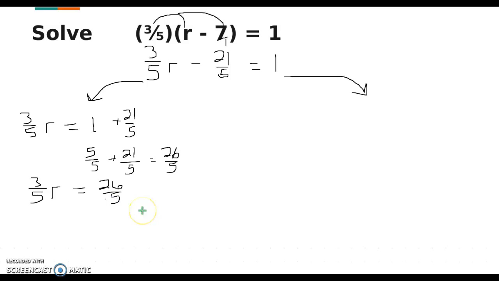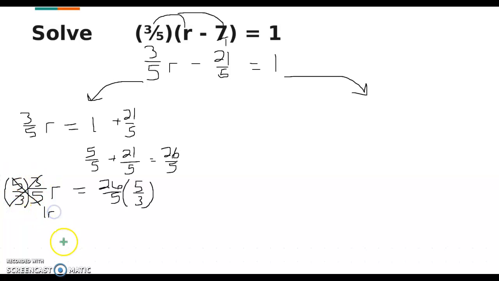Now, at this point we need to get r by itself. You can get rid of the fraction by multiplying by its reciprocal. The reciprocal of 3/5 is 5/3, and if I do it to the left, I have to do it to the right. Reciprocals, fractions multiplied together, we say they cancel out, but they really become the number 1.